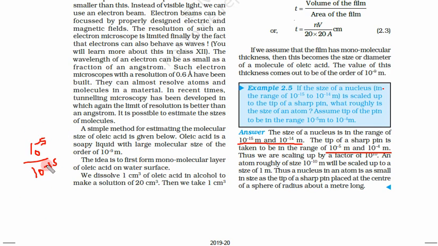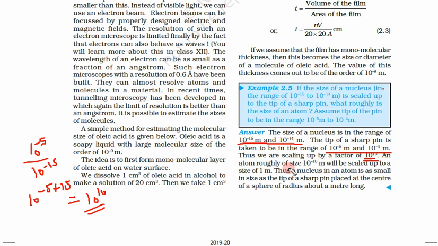When we divide, the 15 goes up. So we get 10 to the power minus 5 plus 15, that means 10 to the power 10. So we are magnifying by 10 to the power 10. We are scaling up by a factor of 10 to the power 10. Scaling up means magnifying.